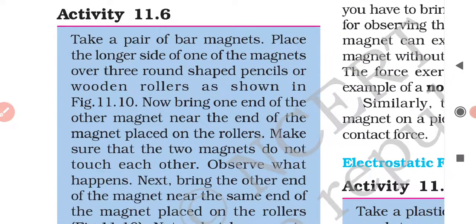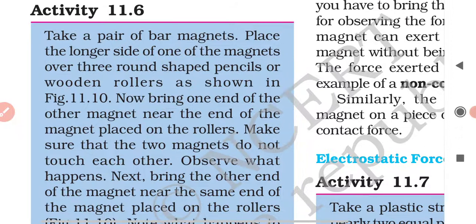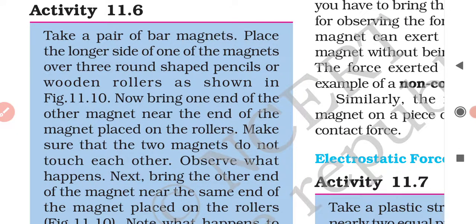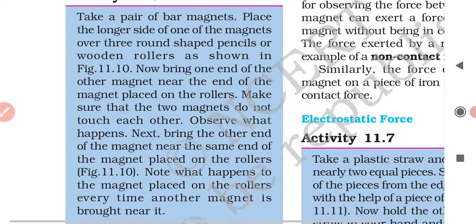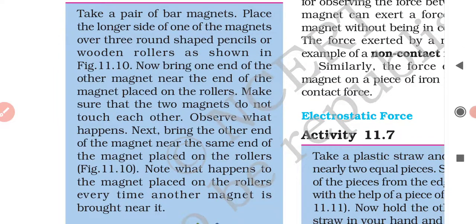So I will read for you what is given in this activity. Activity 11.6. Take a pair of bar magnets, place the longer side of one of the magnets over 3 round shaped pencils or wooden rollers as shown in figure 11.10. Now bring one end of the other magnet near the end of the magnet placed on the rollers. Here the south pole and north pole are not mentioned, but you can understand very easily.